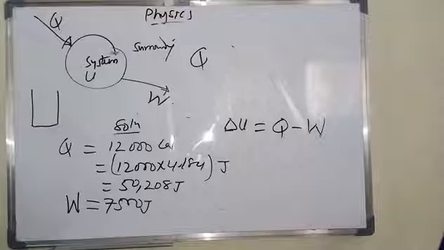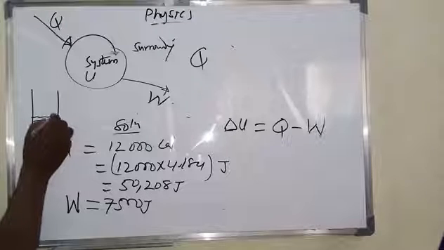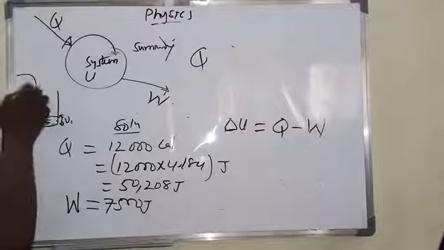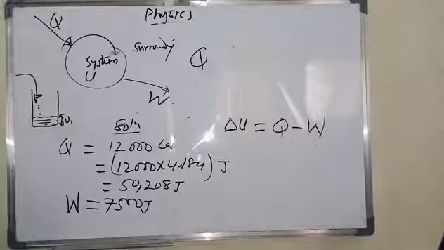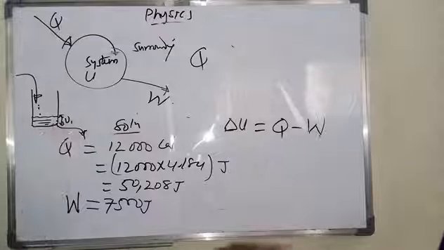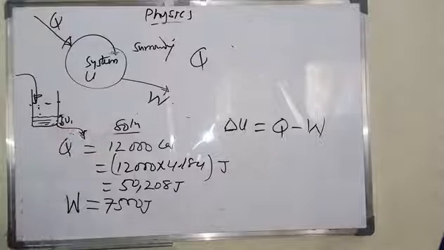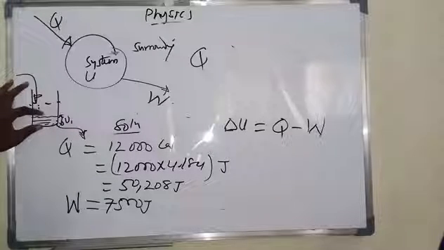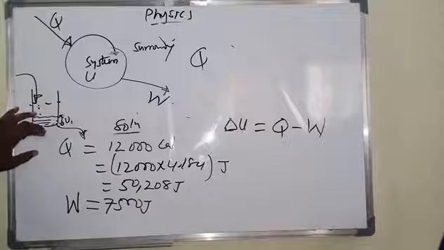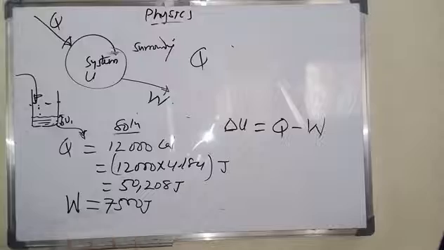Let's say initially it has a certain volume, V1. Then you turn on a tap and run water into it, and then there is an exit tap that you open to let water go. So you introduce a certain quantity of water and a certain quantity of water goes out. If you want to know what has changed in the volume of the system, we take the difference between what enters and what goes out.